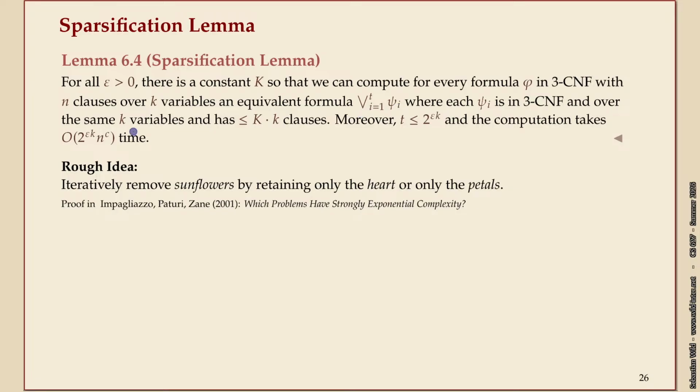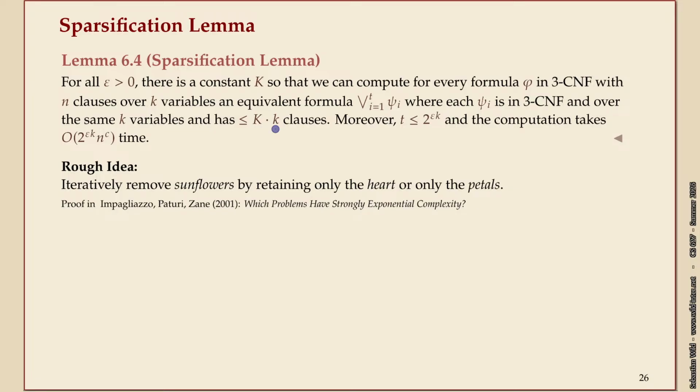And I'm using the same k variables in these formulas, but each of these formulas only has capital K times little k clauses. So the number of clauses is linear in the number of variables of the original formula. Okay?